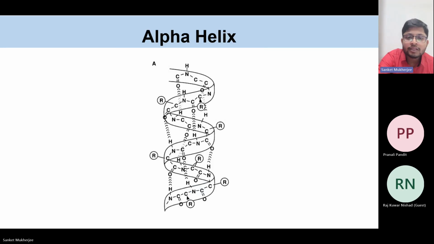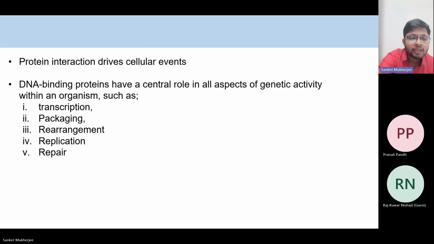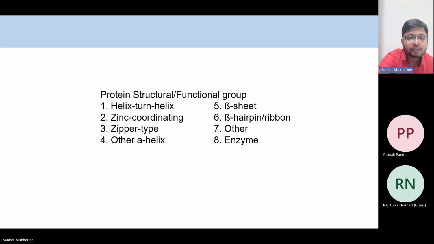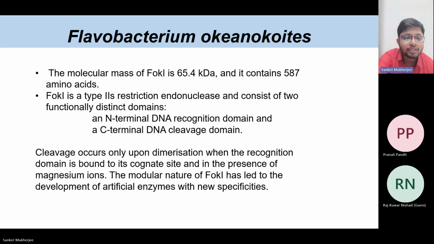So alpha helix is one of the most common 2D structures. Then there is beta sheet, which could be a parallel sheet or an anti-parallel sheet. We talked about different DNA binding domains. We talked about FokI, how it binds to DNA, its recognition site, and how it cleaves 9 to 13 base pairs away from the recognition site.